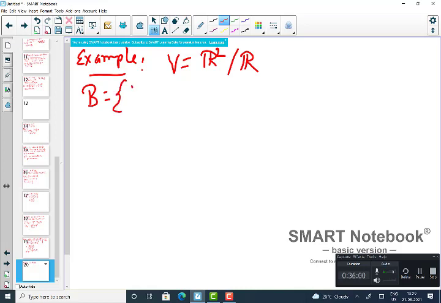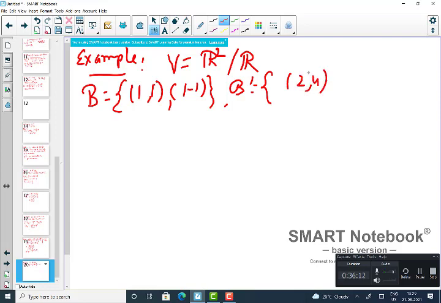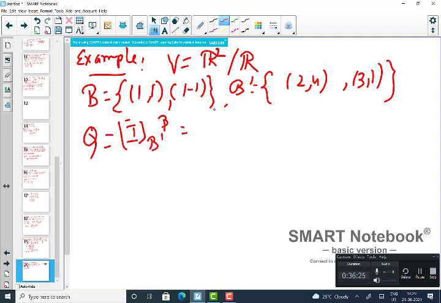B is 1 1, 1 minus 1, and B dash is 2 4, 3 1. And Q, the change of basis matrix from B dash to B, that we already found, is 3 minus 1, 2 1.